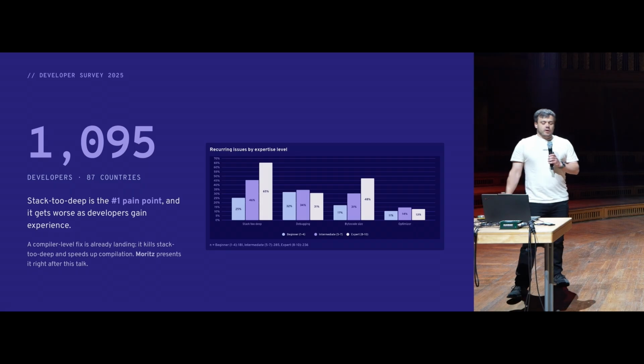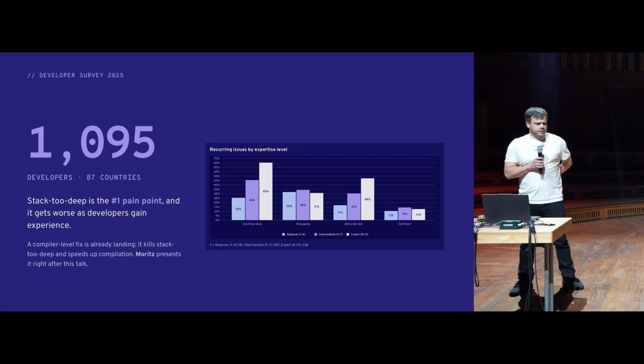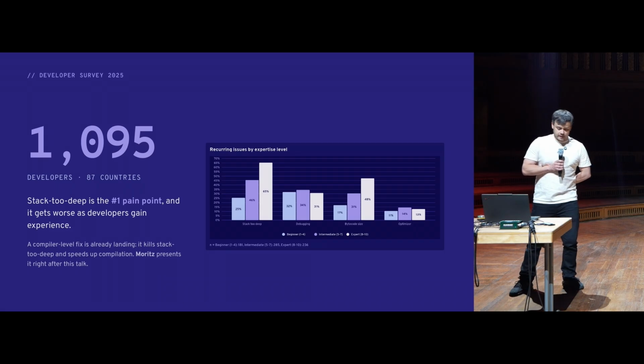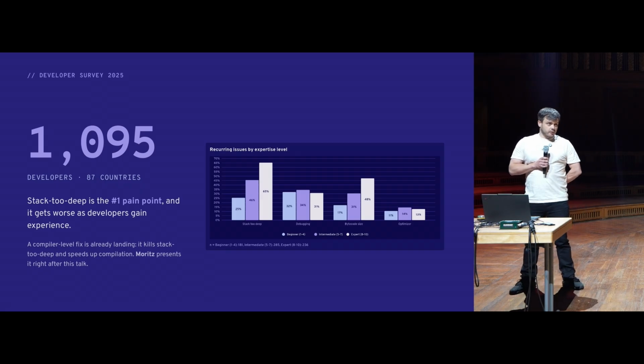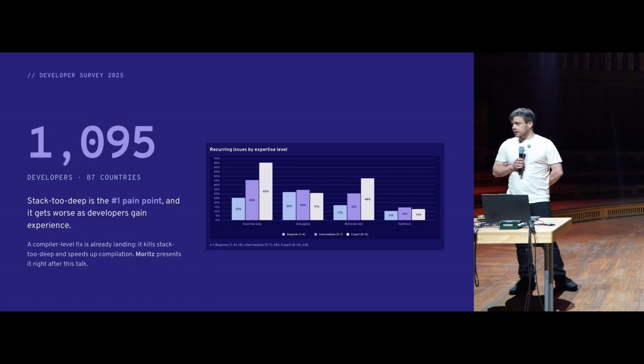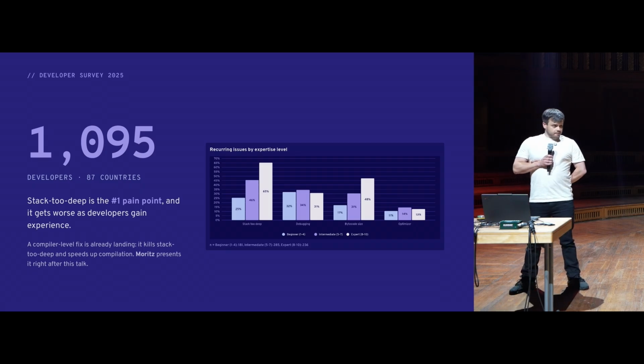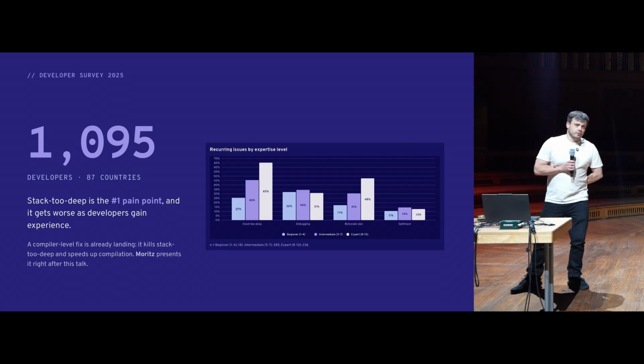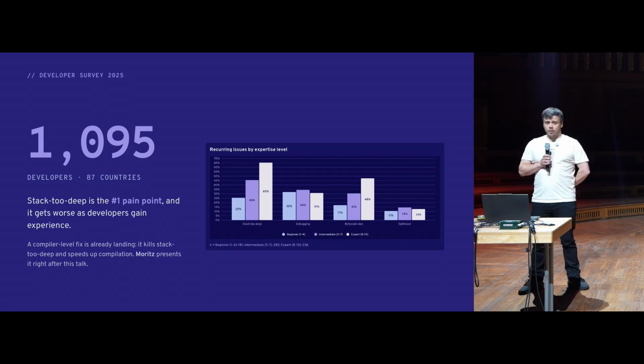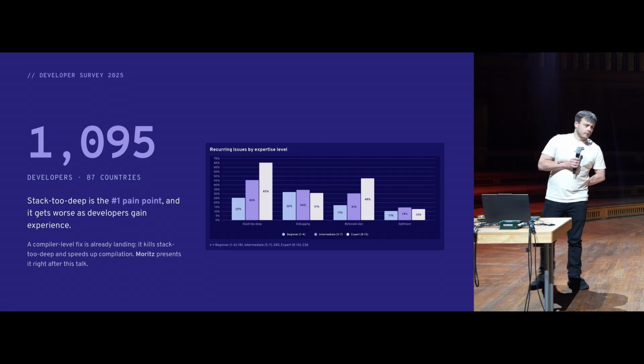But first off, we fairly recently had our developer survey, and the biggest pain point people keep facing is the stack too deep error. I'm not going to go too much into what it is; I'm sure Moritz will explain that further.